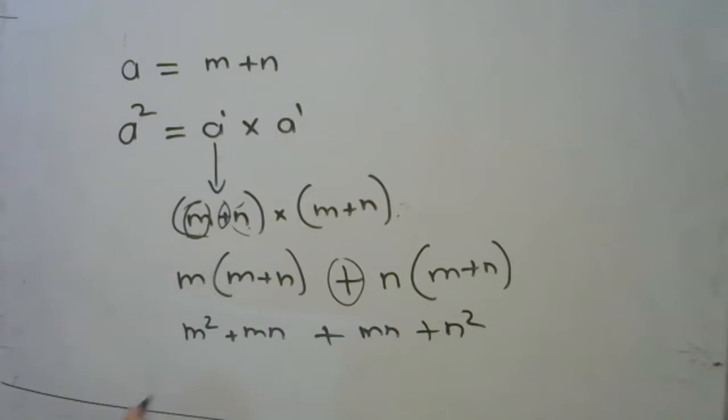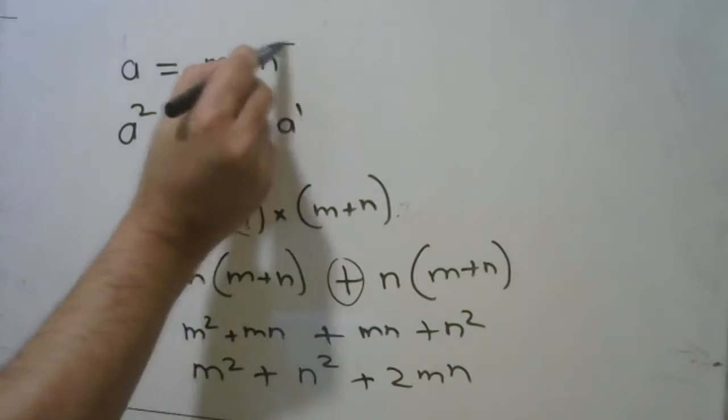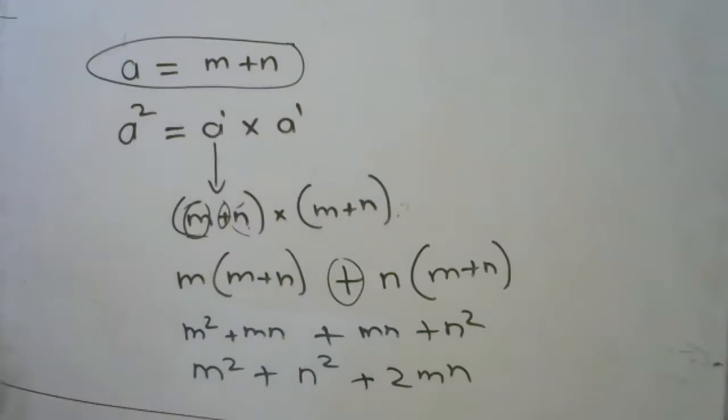So now you have m squared plus mn, or we can put the square terms first. So m squared plus n squared plus 2mn. So that is, if a is equal to m plus n, a squared is equal to this here.